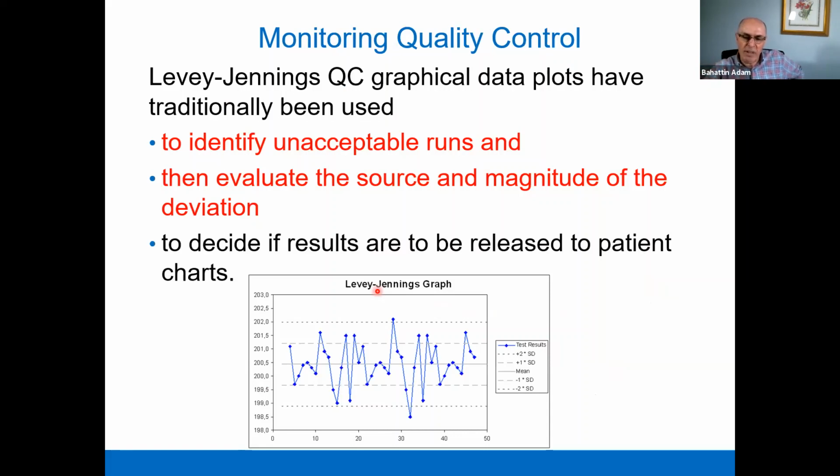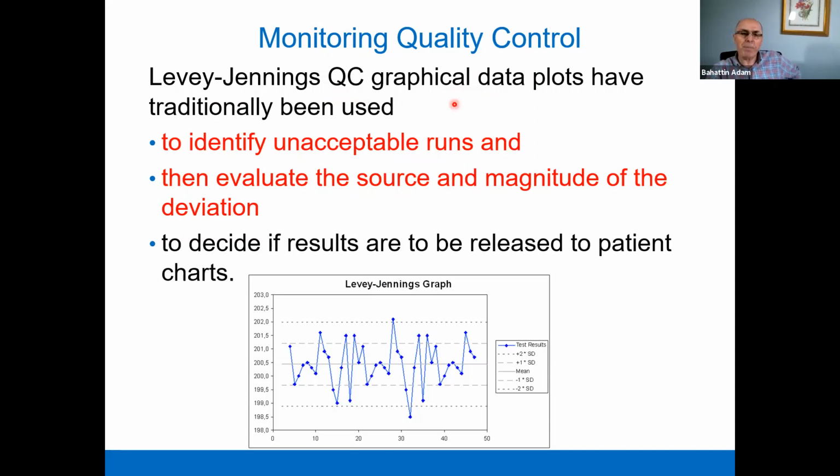In most cases, the instruments do this by themselves, but in some cases, we are using Levey-Jennings QC graphical data plots in order to identify unacceptable runs, then evaluate the source and magnitude of the deviation to decide if results are to be released to the patient charts.